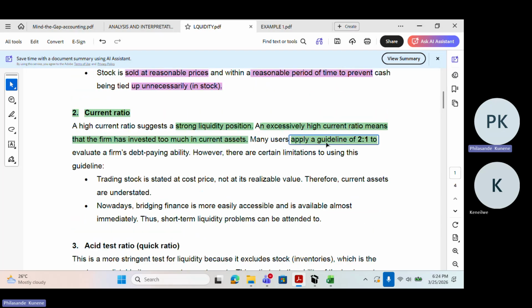Okay, let's talk about this norm of 2:1. This is our guideline. Our current ratio must be around 2:1 all the time. It can be a little bit less than this, it's still okay. It can be a little bit higher than this, it is still okay. But once it is excessively higher than 2:1, then it's a problem.